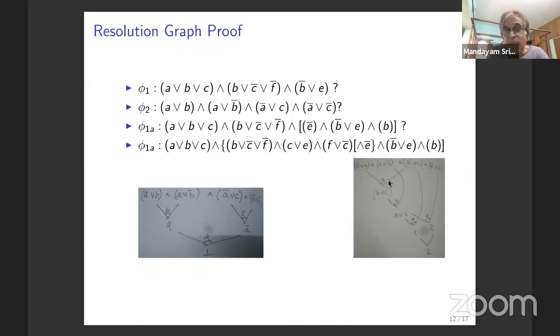It's another proof of the same thing, where I've chosen to do some redundant resolution on some other clauses. This illustrates two things. One is that there can be multiple resolution proofs for the same formula to show the contradiction.